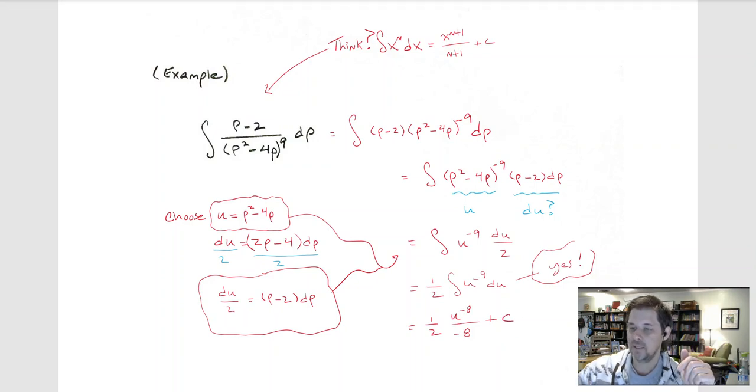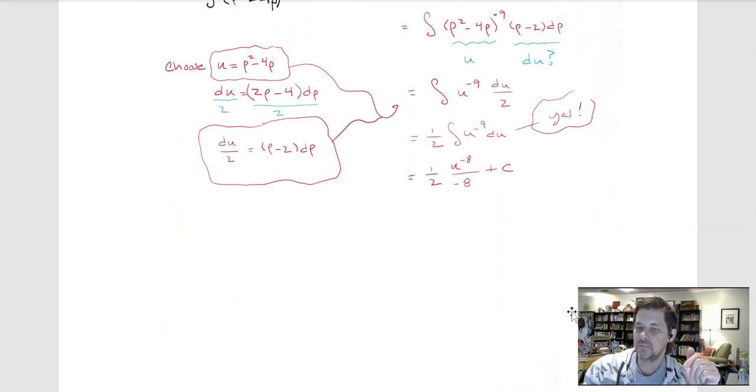Okay, and clean this up a little bit. Let's say this will make this term negative. So negative, I'll get a 16 on the bottom because I got a 2 and an 8. And then I'm going to put u to the positive 8 power plus c, right? That u to the minus 8, I'll send it under the bar.